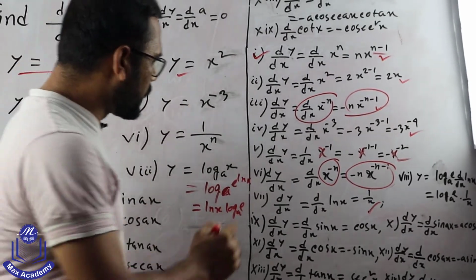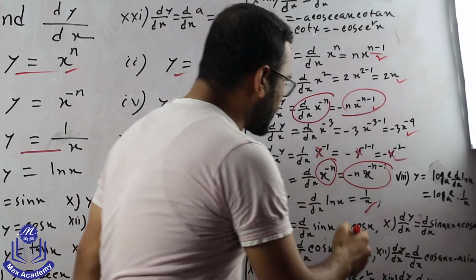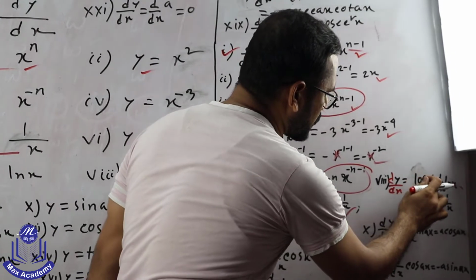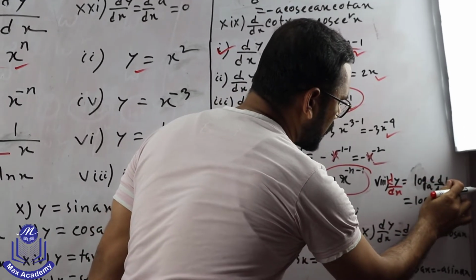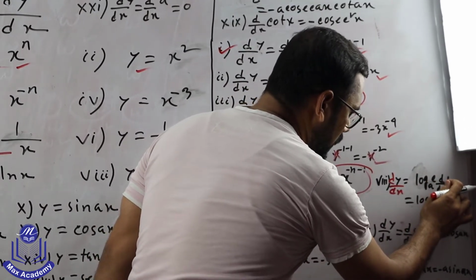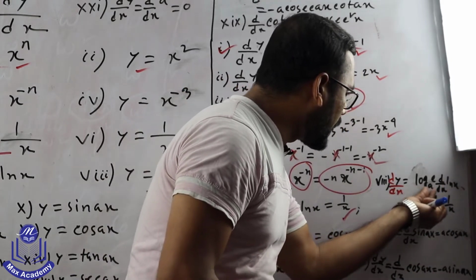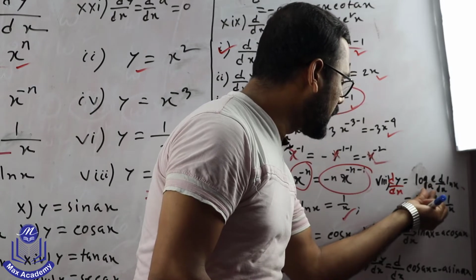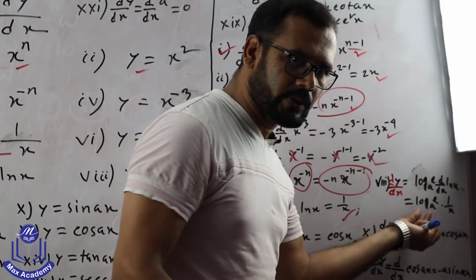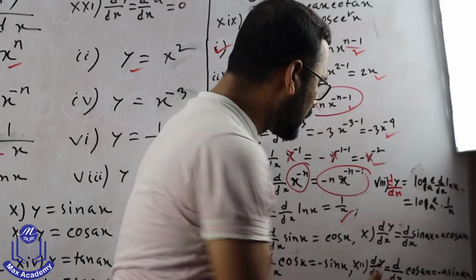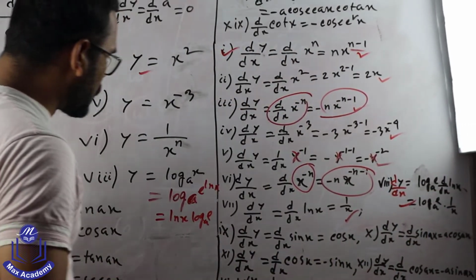After differentiating, we get dy/dx equals log a to the base e times d/dx of ln x. Since log a to the base e has no variable, you can take it out, because it is a constant, and if we differentiate ln x, we will get 1 by x. This is the result.